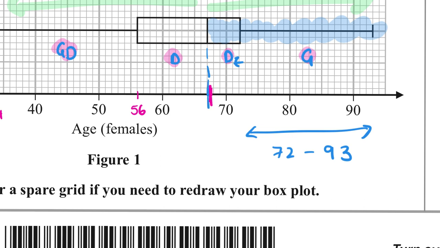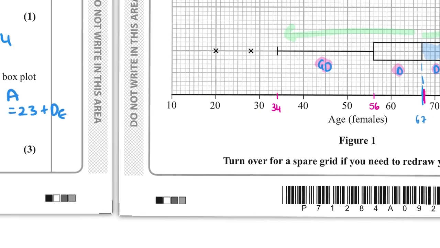Now, if her daughter was 67, if her daughter was in the middle, what's 23 plus that? 90. So actually, do you know what? We've narrowed it down even more. She's between 90 to 93 years old. She's an old lady.